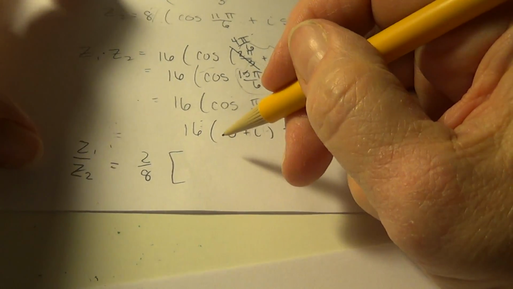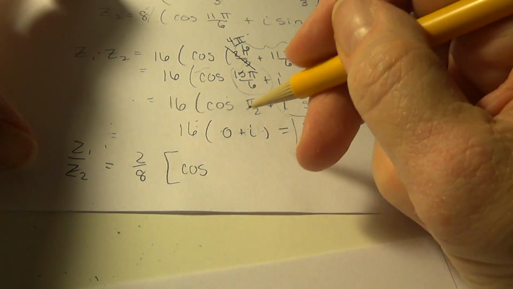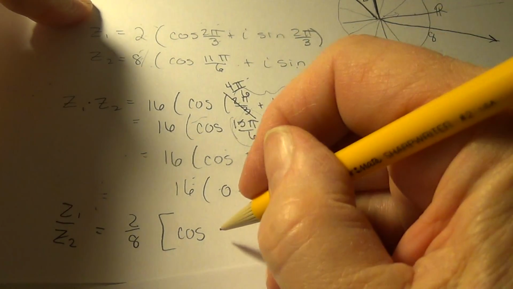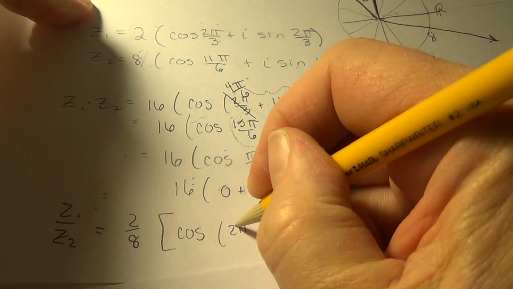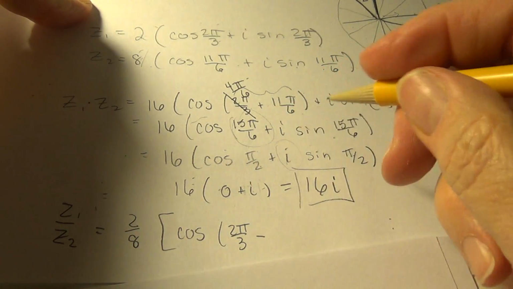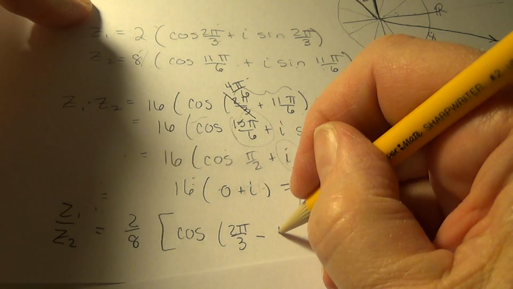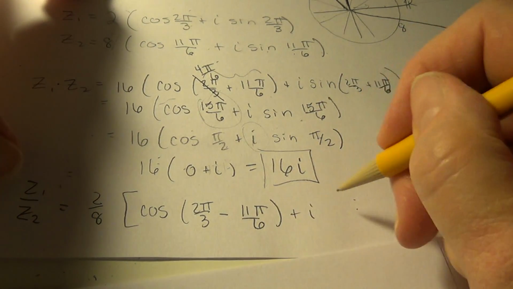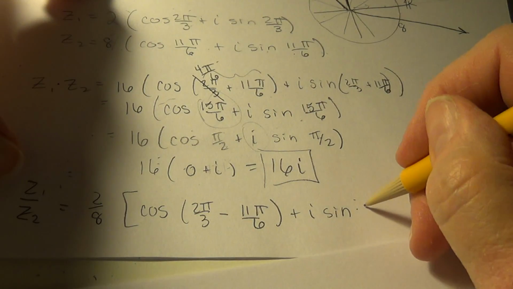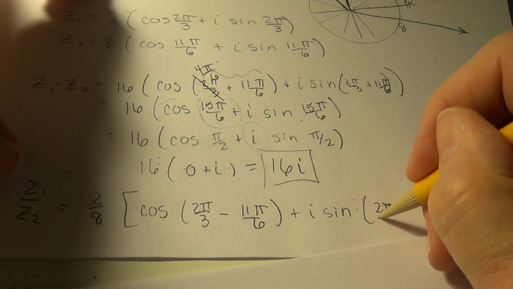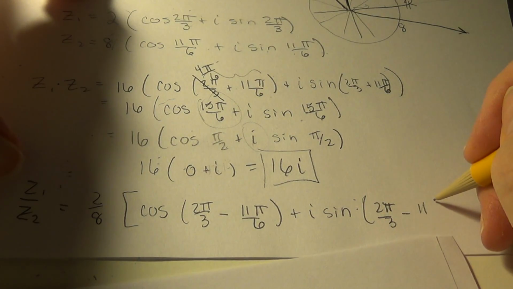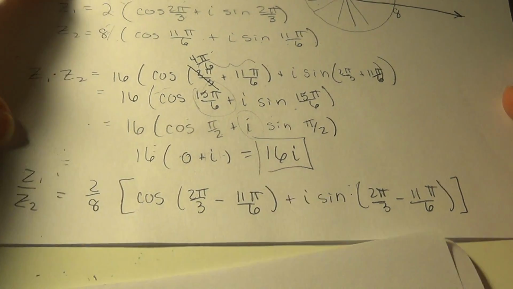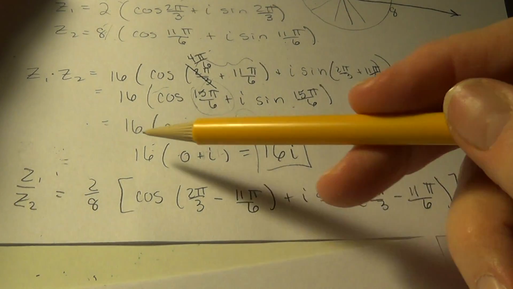And subtracting the angles, I get cosine of, what was the first angle? 2 pi over 3 minus 11 pi over 6. And same for the sine part, I sine part. All right, so now that is the answer to the division.